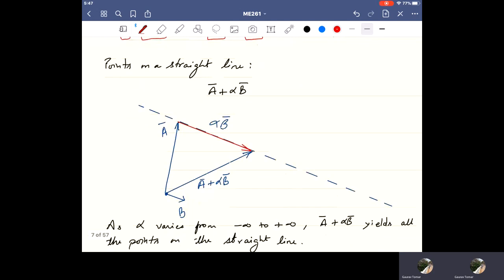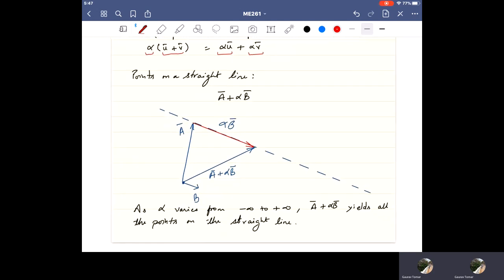So we'll take up an example to wrap up this particular revision of a very elementary way of looking at vectors.